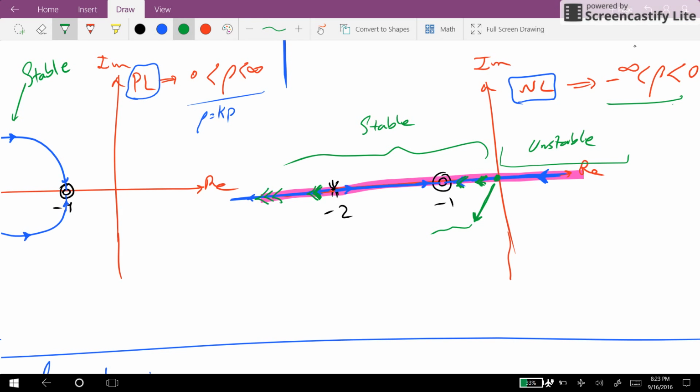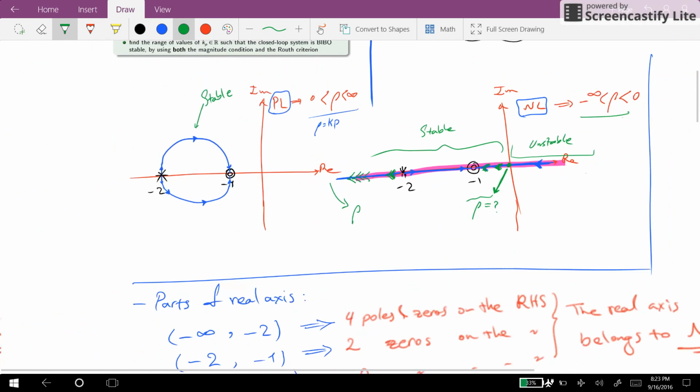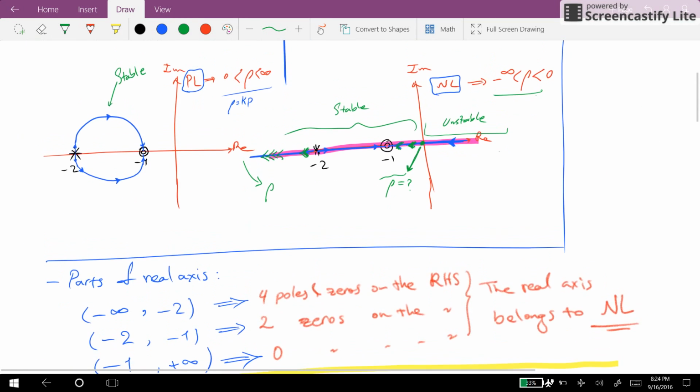Then going towards some value, our system becomes unstable at some point. We will find out the corresponding value of rho here, and also here, when one of the poles is located at infinity. So let's see how we can do it.